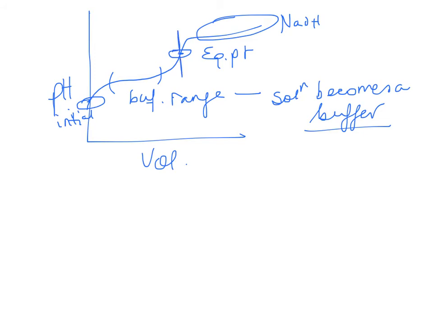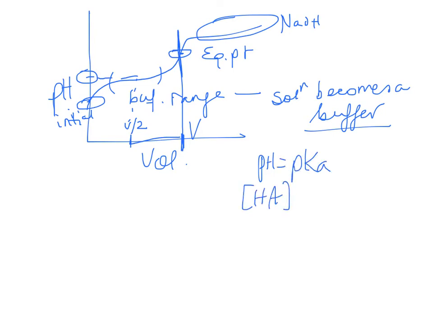At half equivalence point, the way you determine it is you get the volume for the equivalence and you just go V divided by 2, and then you read that number by extrapolating on the y-axis. At the half equivalence point, the pH and the pKa are going to be exactly the same because half of all the acid would have gotten converted into the corresponding conjugate base.